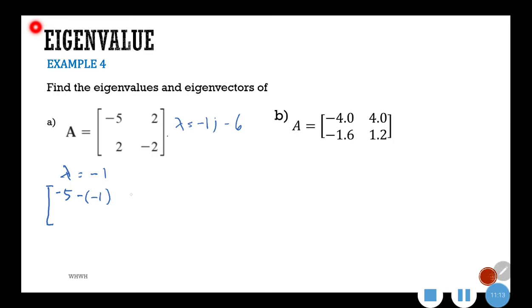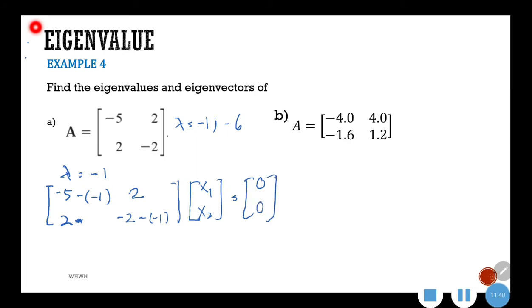And here 2, this 2 we just leave it. And then -2 minus lambda, this is the one on the diagonal part. Remember, the diagonal part is what we subtract lambda from, so minus (-1). Then this is our x1, x2 equals 0, 0. So here what we have is -4 and -1.